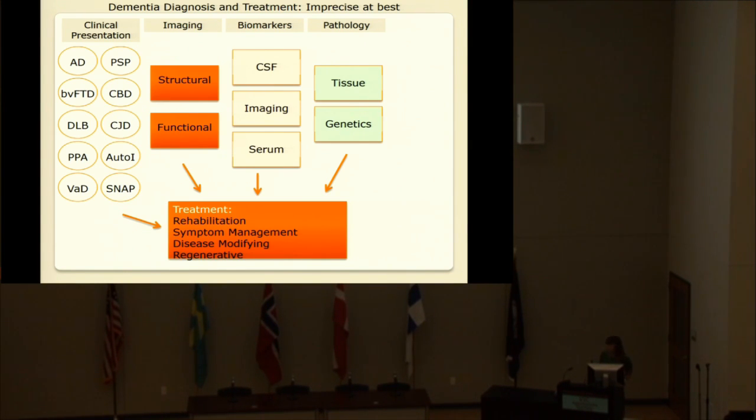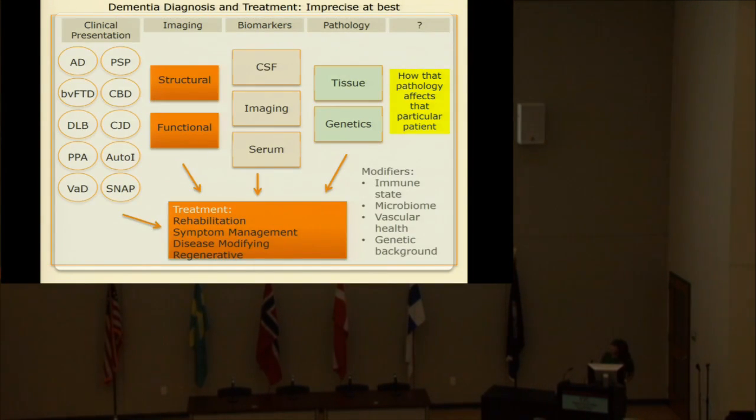And I'm going to give you the example in a moment of one particular disease in which that is not sufficient. So the reality is, it might be how that particular pathology affects that particular patient that's going to inform how we go after the disease. And that's really where the precision comes into play. And of course, there's an overlay here of all the other things that can affect that underlying pathology, including the patient's immune status, their genetic background, their microbiome, add your favorite modifier here.